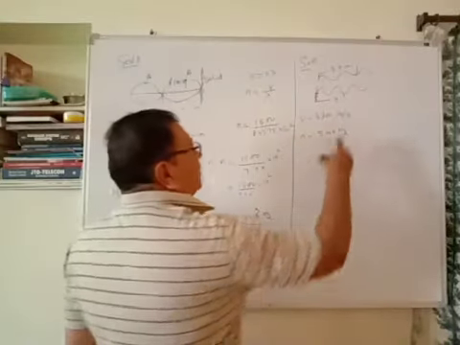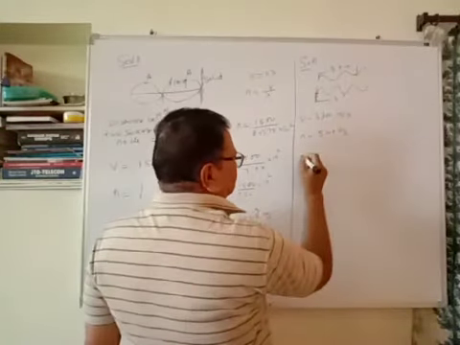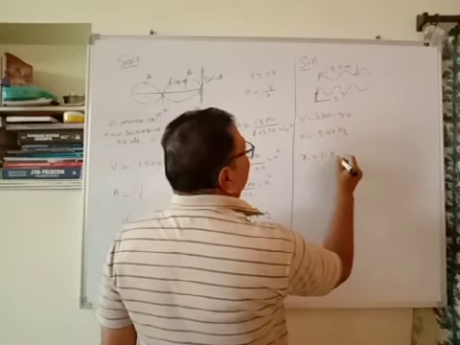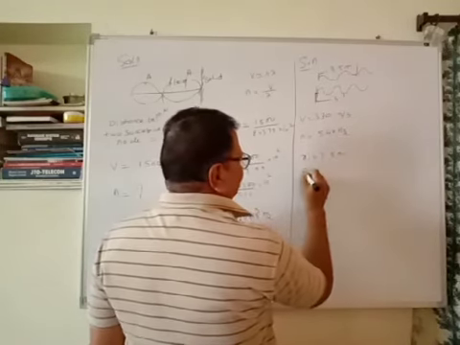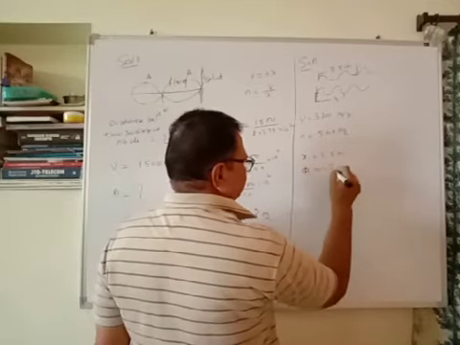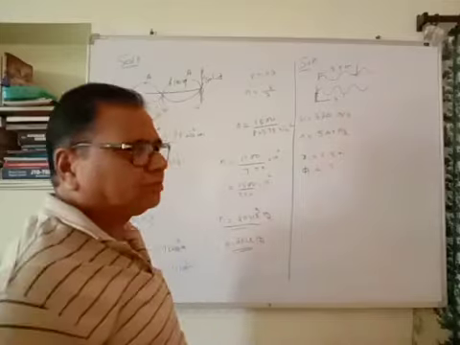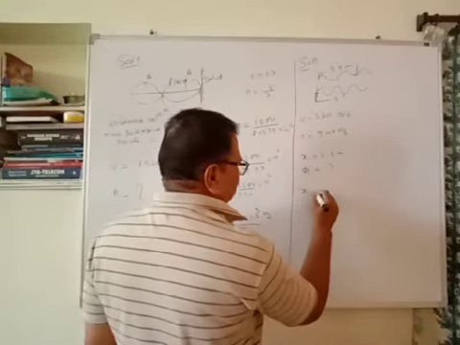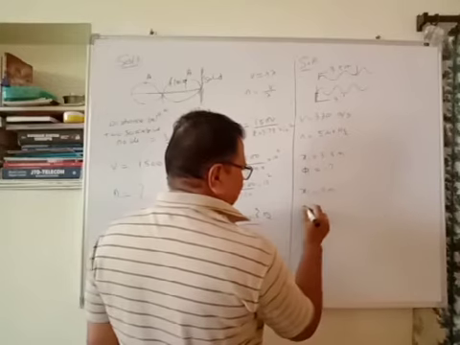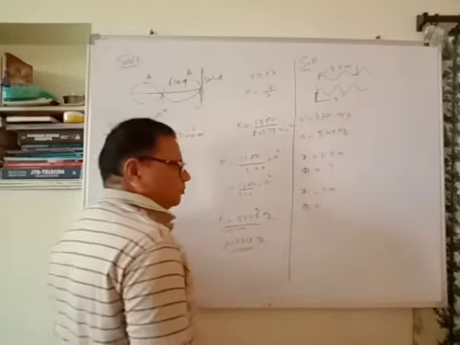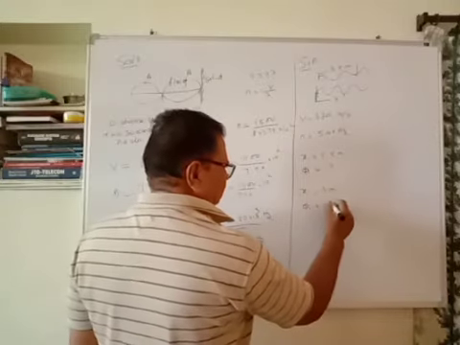Let's say at the distance x1 equal to 3.5 meter, the phase is phi 1, which we don't know, and at a distance x2 equal to 3 meter, the phase is phi 2.